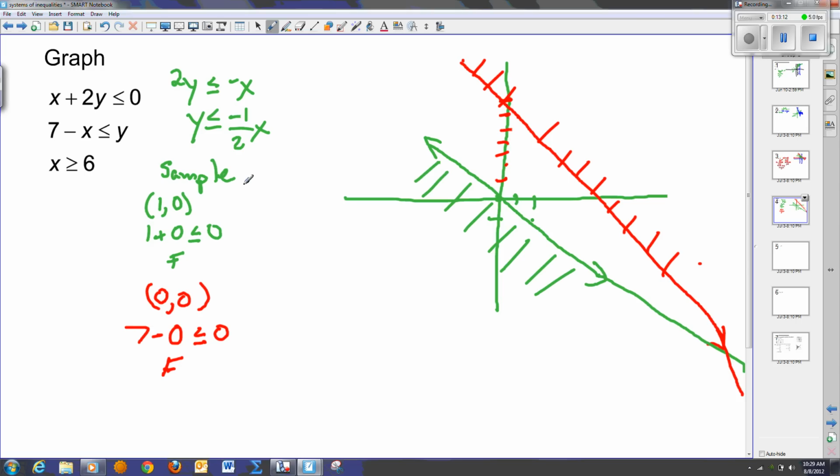Finally, I'm going to take x is greater than or equal to 6 and graph that. So let's call this 6 out here. 1, 2, 3, 4, 5, and 6 probably. And I'll go ahead and graph that.